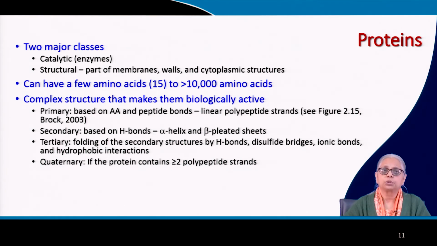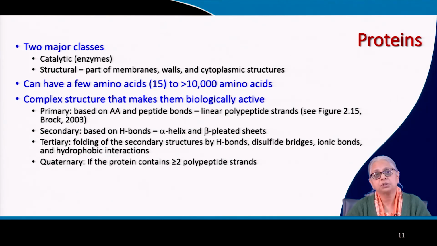Since we're looking at proteins, there are two classes of proteins based on their function. So we have catalytic proteins, which are enzymes, and we have structural proteins, which are part of the membranes, walls, cytoplasmic structures, and these are the proteins that have very important functions as well. Okay.